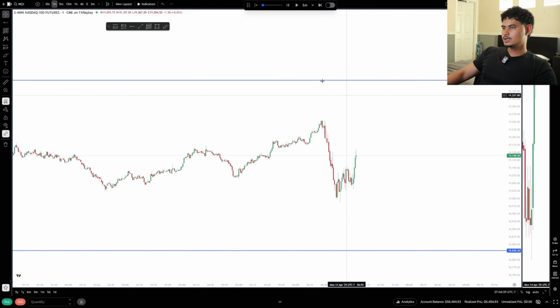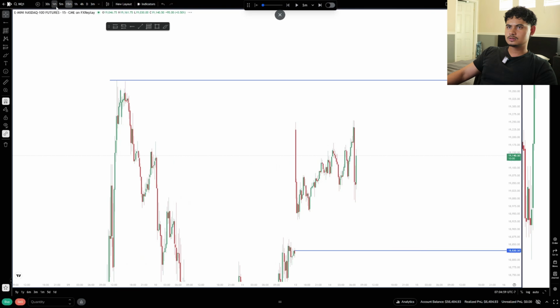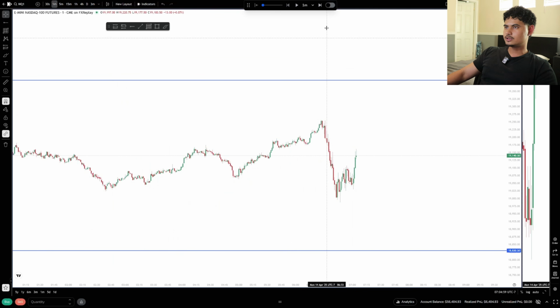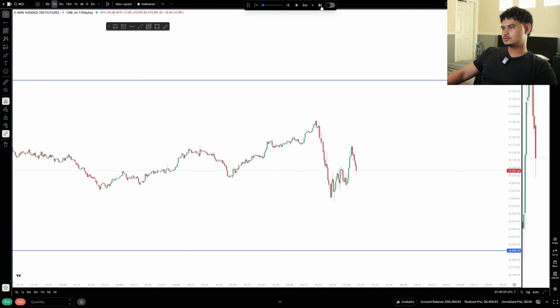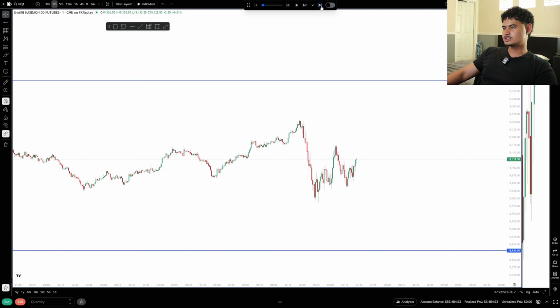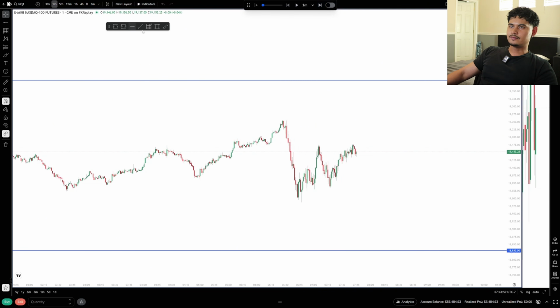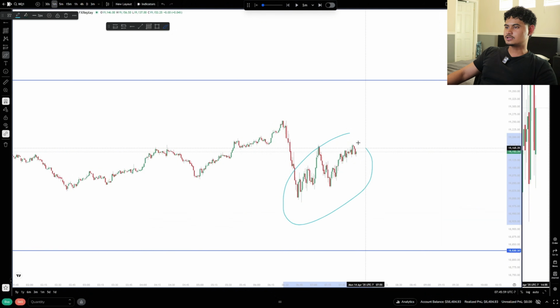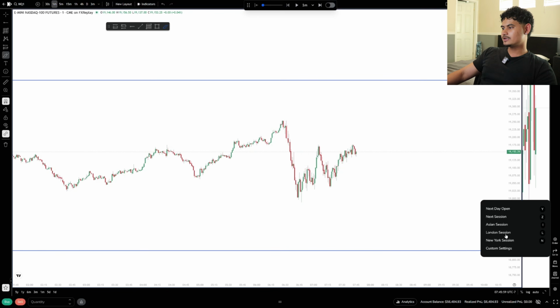Okay, well, now we're kind of stalling around, so now I don't really know. Let's see if we get rejection out of this 15. Not the cleanest price action. Yeah, very poor price action. And look at this right here. This is not clean price action. So we are just going to skip to the next day again.